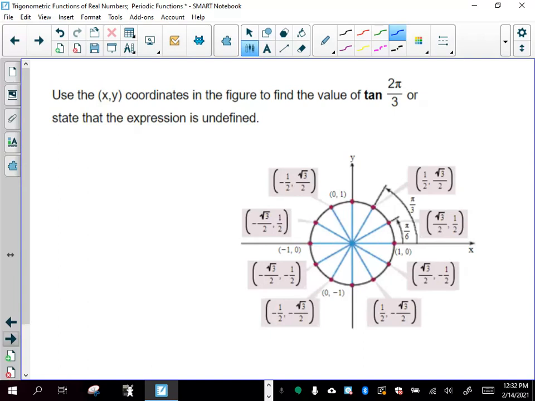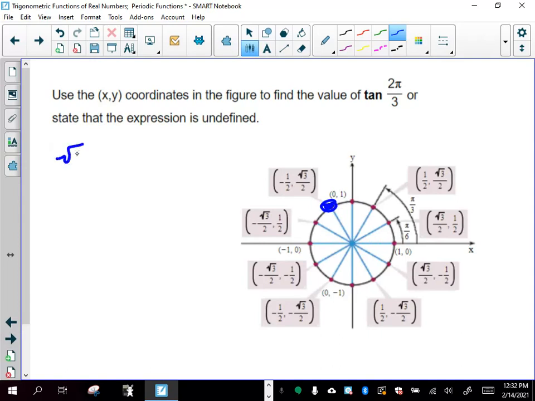All right. Welcome back. Let's see how you did. We know that tangent is sine over cosine. So first off, 2 pi over 3. Here's 1 pi over 3, which means that this is 2 pi over 3 right here. Our sine is our y's, our cosines are x's.